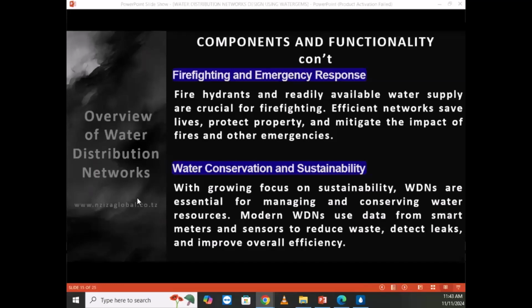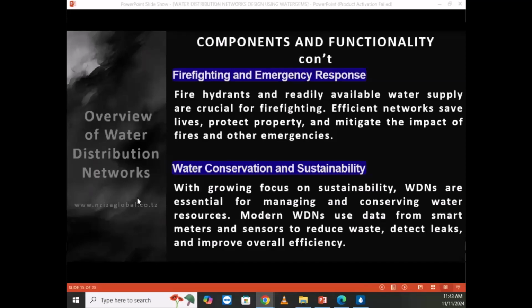Water conservation and sustainability. With growing focus on sustainability, water distribution systems are essential for managing and conserving water resources. Modern water distribution networks use data from smart meters and sensors to reduce waste, detect leaks, and improve overall efficiency.